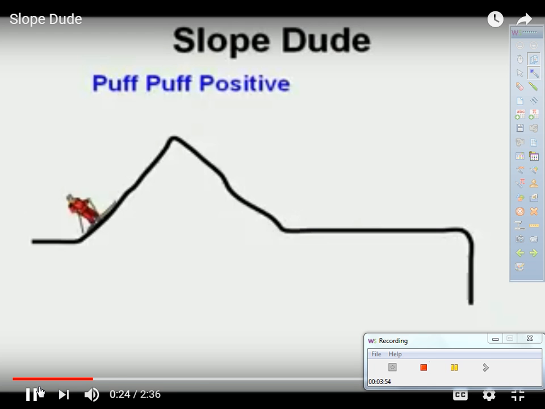Now he's at the top. It was puff, puff, positive all the way up the mountain, but now he can look forward to the downhill. On the way down the mountain, he says, nice, negative, nice, negative, nice, negative.